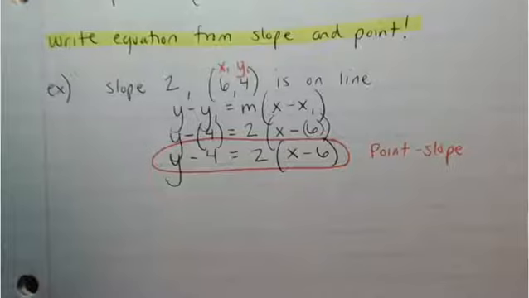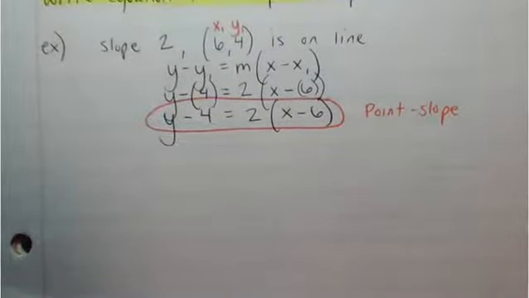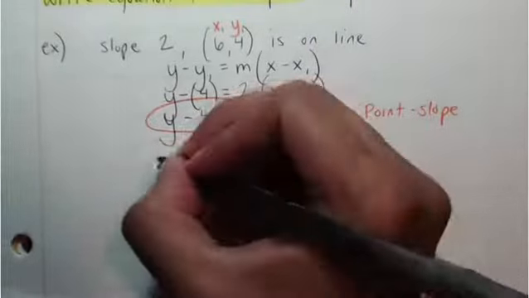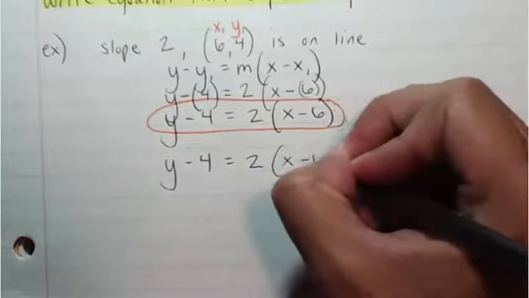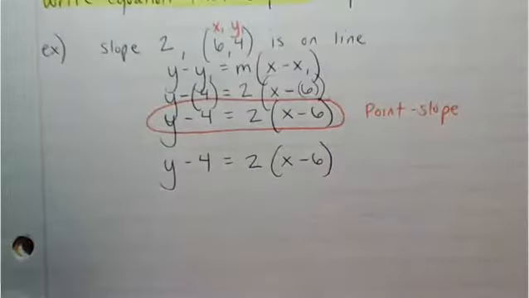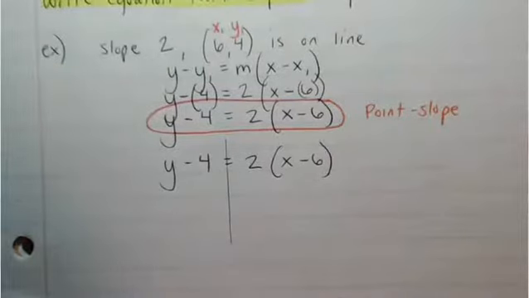Now from the point slope formula, we need to be able to convert that to slope intercept, which is y equals mx plus b. So from here, I'm going to recopy what we have, which is y minus 4 equals 2(x minus 6). And I'm going to change this into y equals mx plus b. So the left side stays the same.